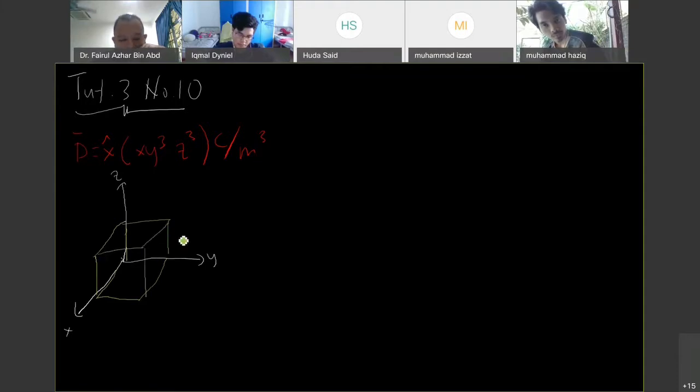The length of each side is 2 meters, and one of the corners is at the origin. So this is our corner that is located at the origin.